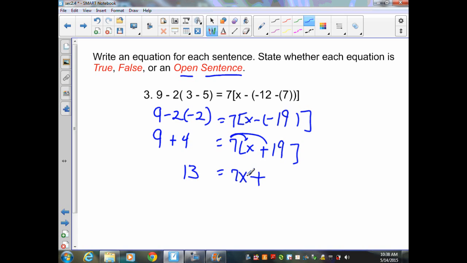And that's going to give me 133. So you can see after simplifying, I have 13 equal to 7x plus 133. This is an open sentence. And later on, we'll learn how to solve for these variables to make this a true statement.